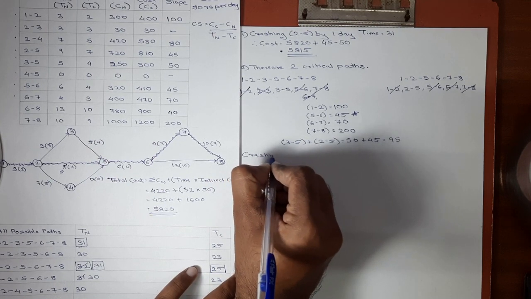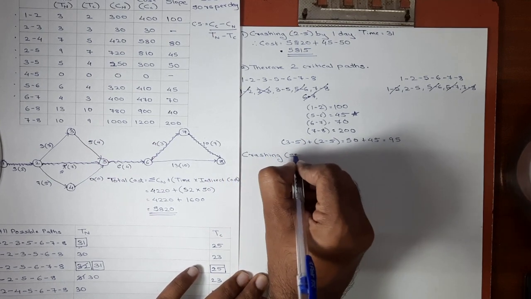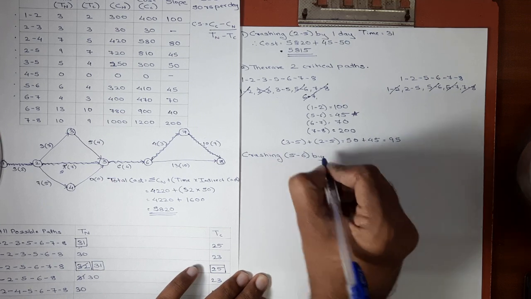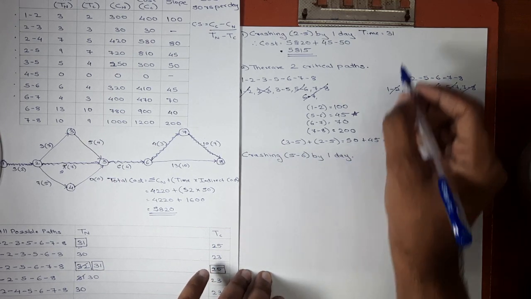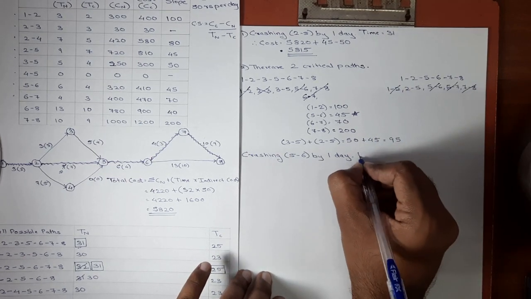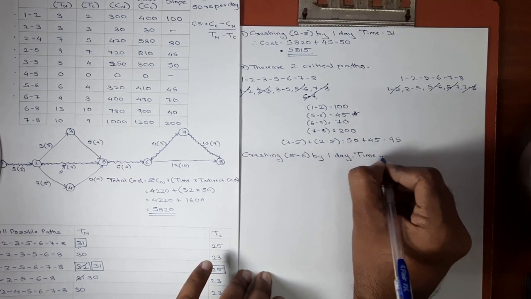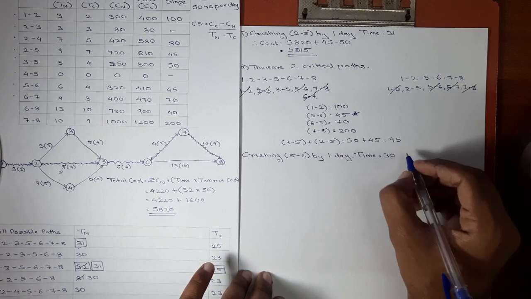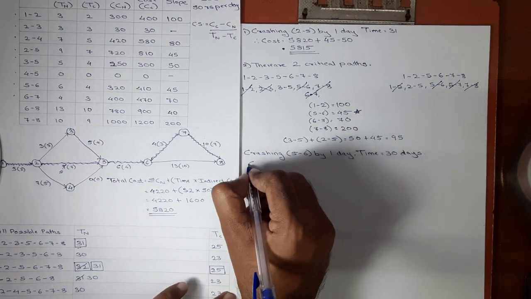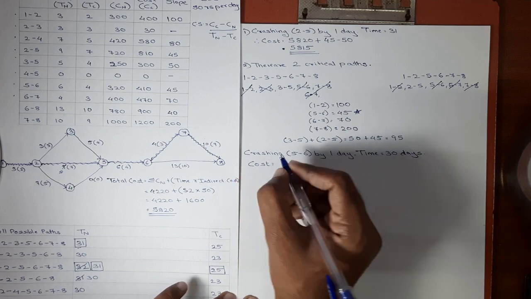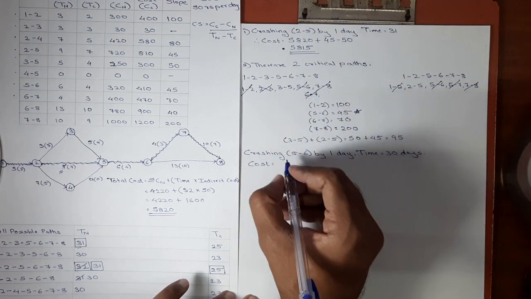Crashing activity 5, 6 by one day. Now again, the time in first crashing was 31 days. Now it will reduce by one day, which will now become 30 days. And the corresponding cost will be, now the total cost here will be 5815.